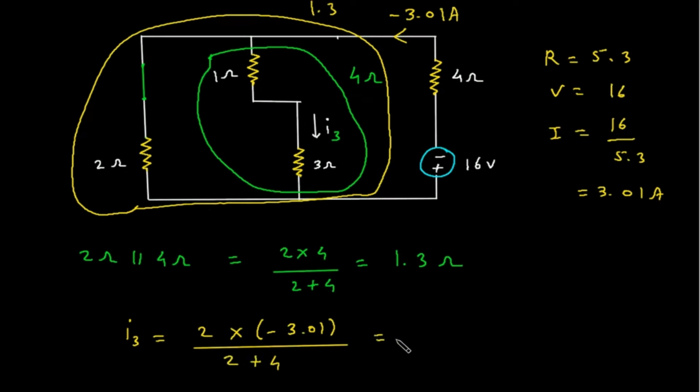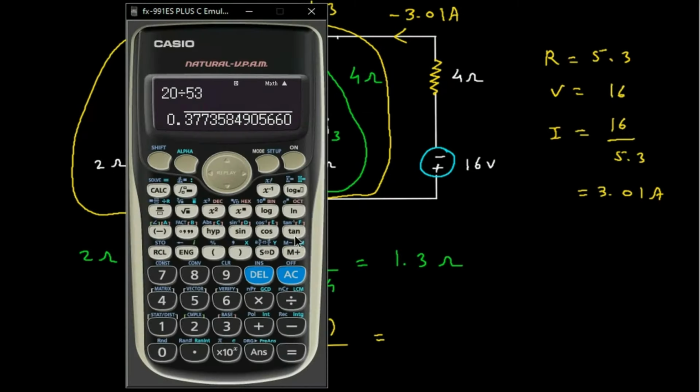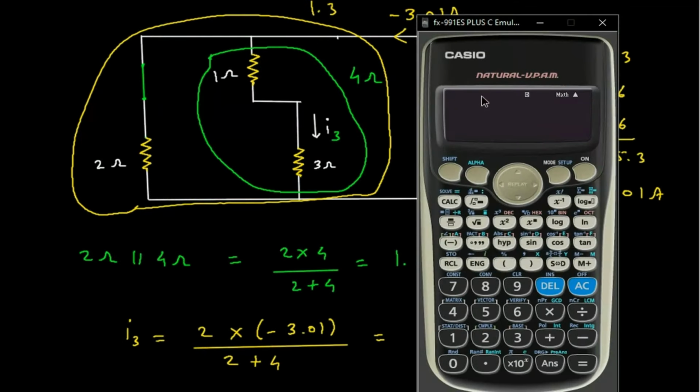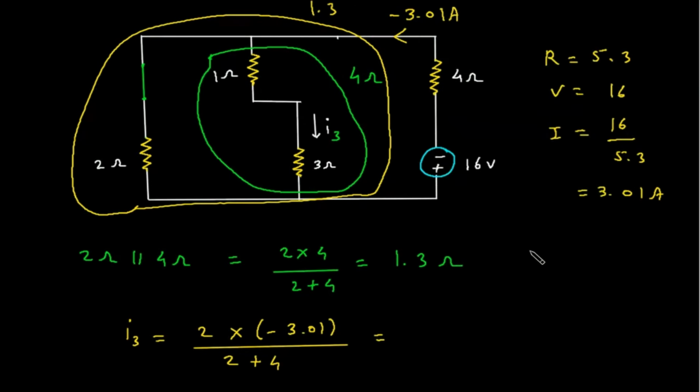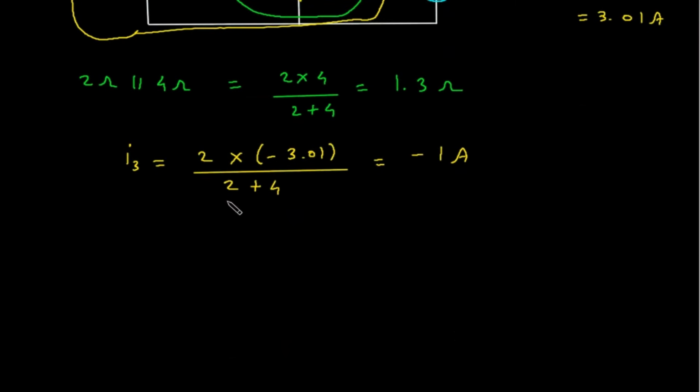So 2 into minus 3.01 divided by 2 plus 4 is minus 1 ampere. So I3 is equal to minus 1 ampere.